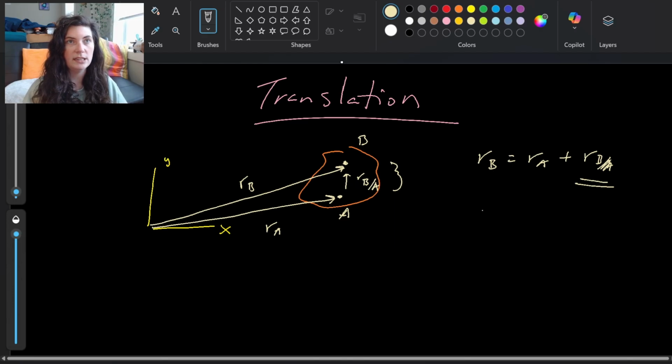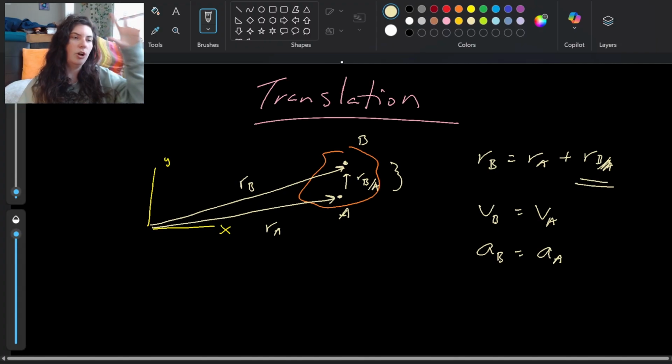What I'll get is that my velocity of B equals my velocity of A. And if I take another derivative, my acceleration of B is going to be my acceleration of A. So what this is really telling us is that anytime we're going through this translation, the whole body velocity is going to be the same throughout the body, and the whole body acceleration is going to be the same throughout the body.